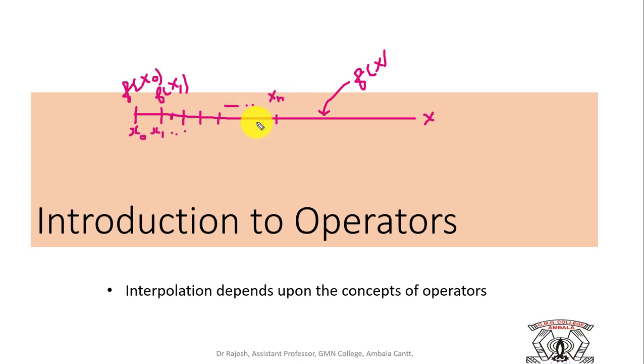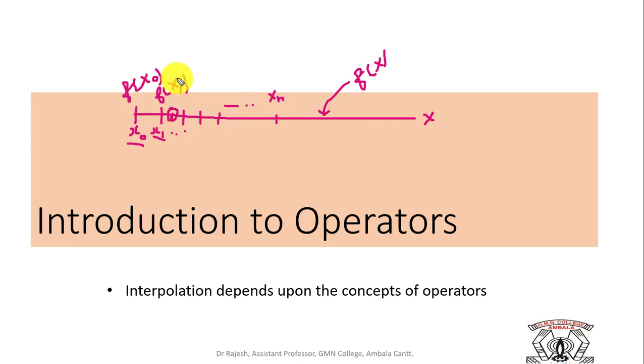So it is a set of n plus 1 points, and we are asked to find the value of the function at any intermediate point. Say this is the point where we are required to find the value, when the value of the function f(x) is given at x0, x1, x2, x3, x4, and up to xn.